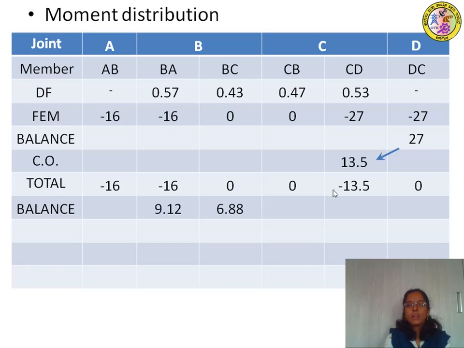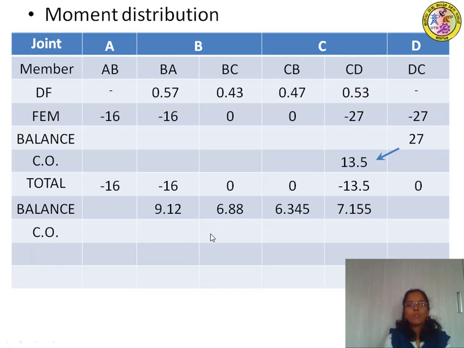Joint C is imbalanced by minus 13.5, therefore balancing moment will be plus 13.5. So plus 13.5 into 0.47 will be equal to 6.345, and 13.5 into 0.53 will be equal to 7.155.